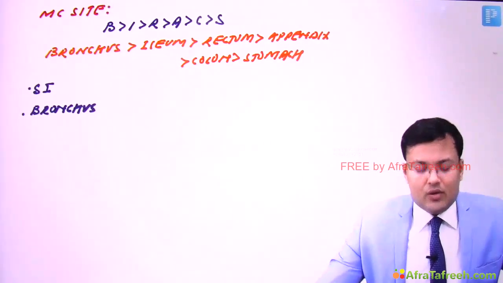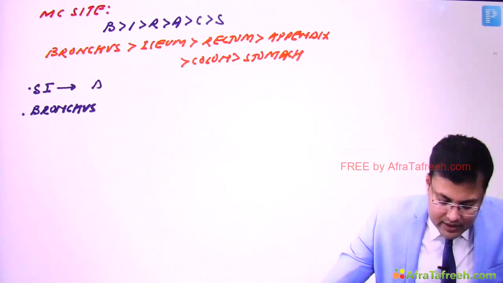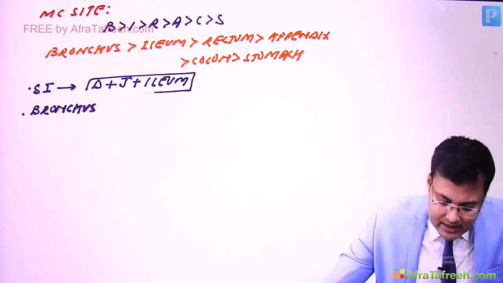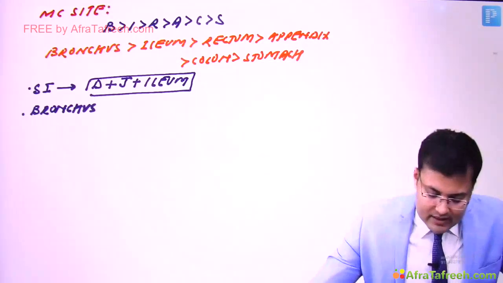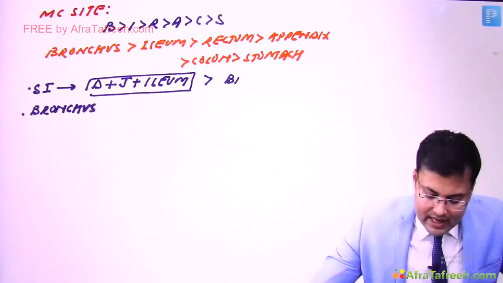Small intestine. Why? Because small intestine means the combined incidence of duodenum plus jejunum plus ileum. And obviously the incidence is more in small intestine as compared to bronchus.